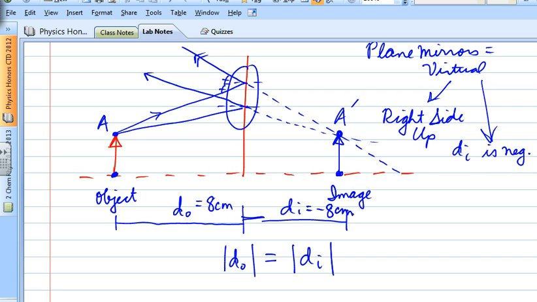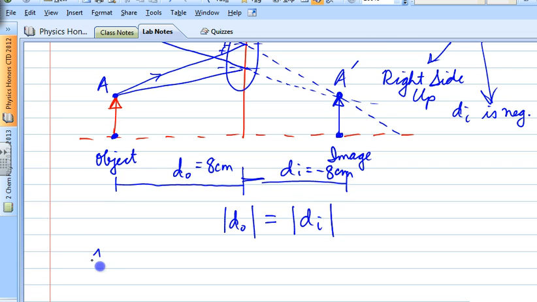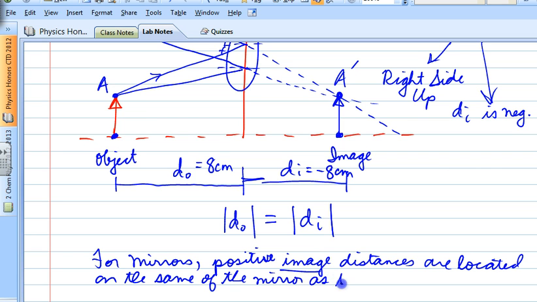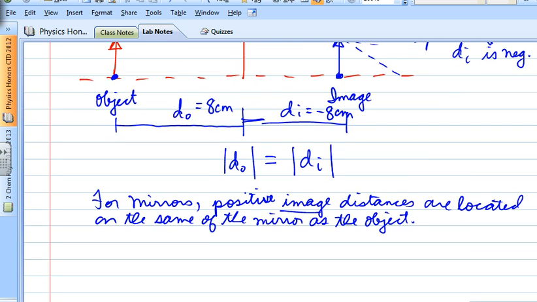Now, the reason for this, and this is just a convention, is that we say that for mirrors, positive image distances are located on the same side of the mirror as the object, and the opposite of this is true as well.